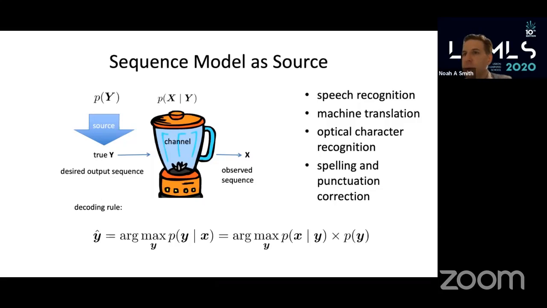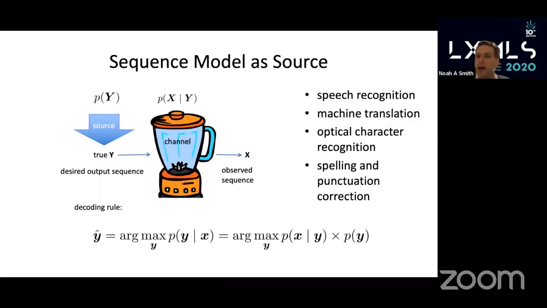In the case of speech, it would be audio signal. In the case of translation, it would be your source language, the one you want to translate out of. And then decoding works backwards and tries to recover the true value of y given what you've observed.